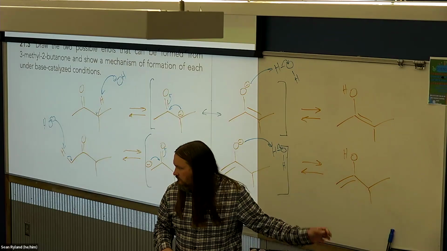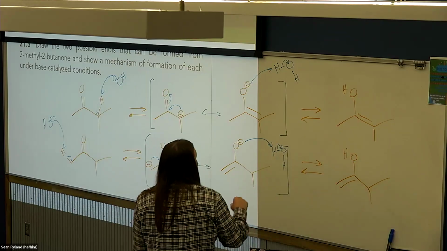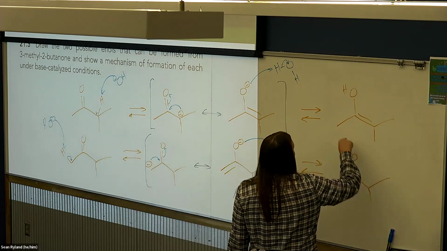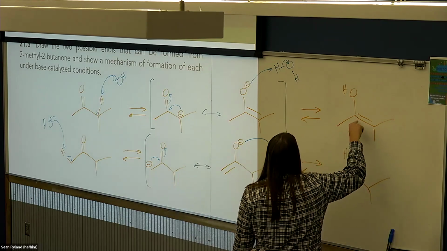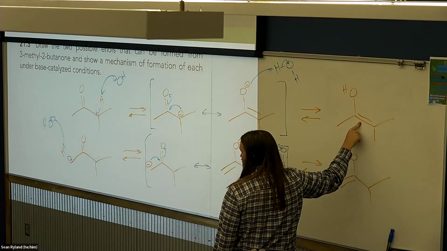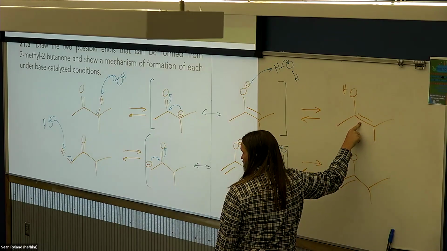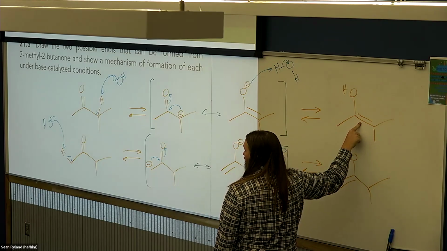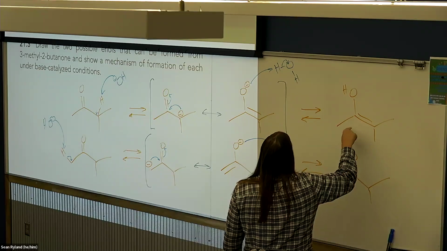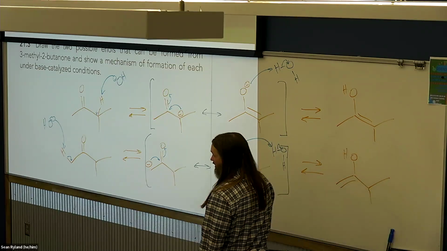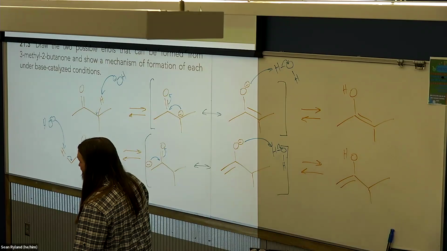It's preferred because it's more substituted, more sp3 carbons around an alkene makes it more stable. You have electron donating groups around it that are going to stabilize.